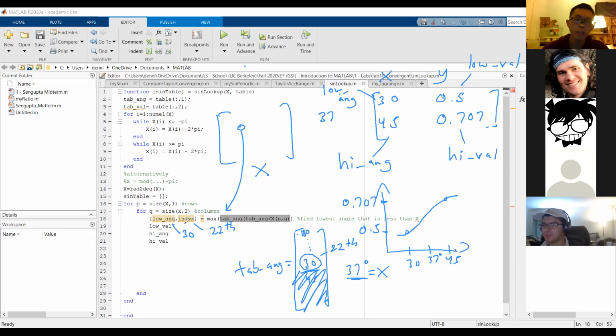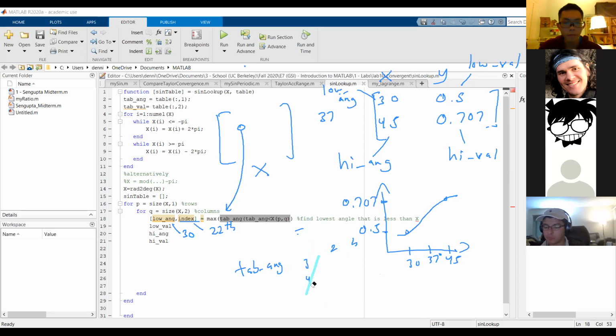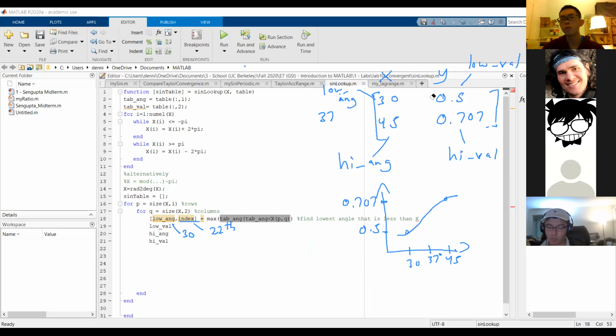Now, we're going to use this index to identify what the value is at that particular angle, and then what's the next increment above that. I want to erase all of this, but I'll erase this part. So keep the graph over there. Now looking at this, the other three quantities we want are going to depend on what this index is.